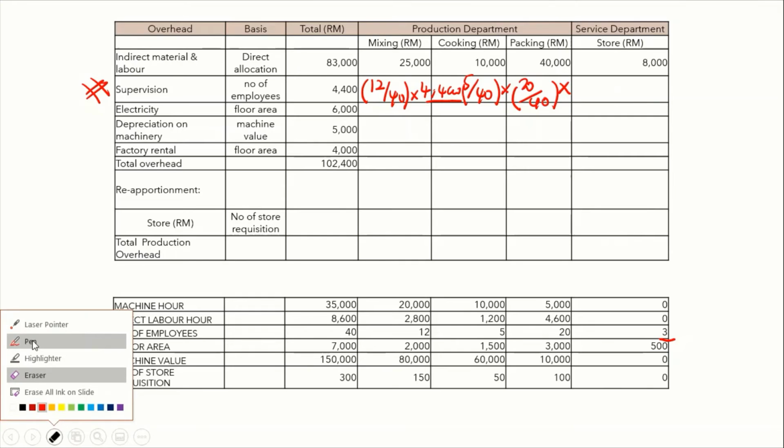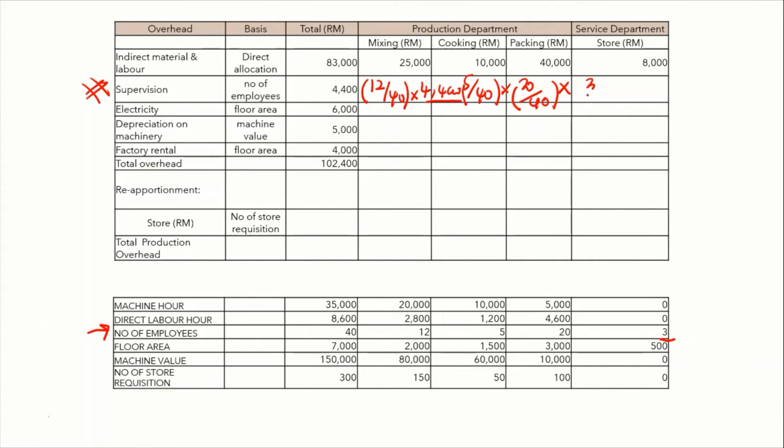So the store applies 3 over 40, and you times with the 4,400. So you will gain all this amount, which will end up being the total cost of the overhead when you add them to each other. So that is our target.